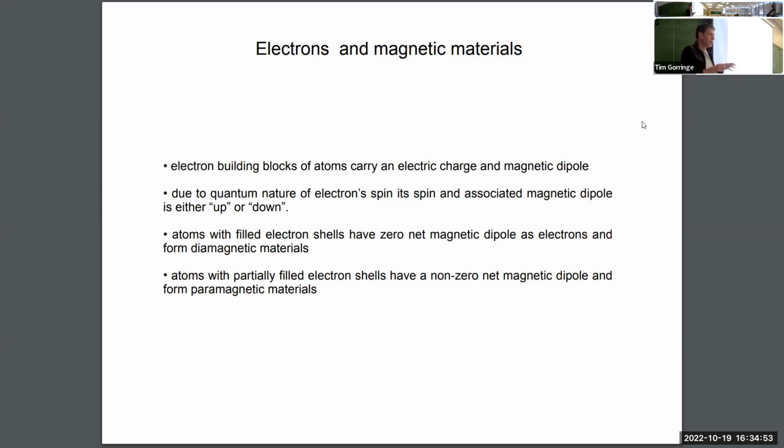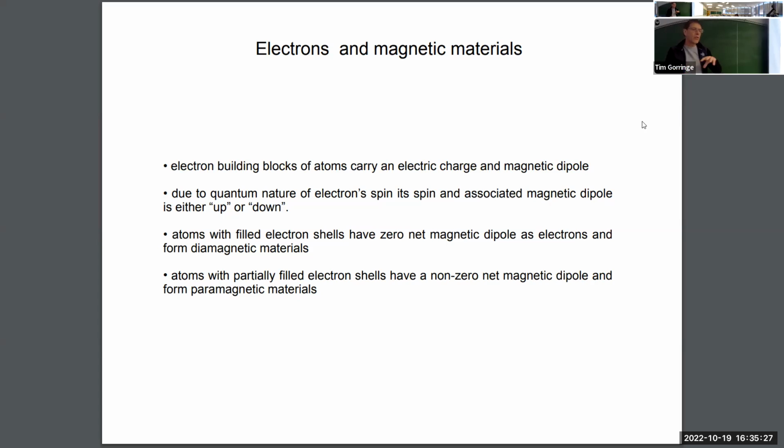Then I'll move on to the more mathematical or computational method that we use to solve the problem of the ferromagnet. So when we think about the magnetic properties of most materials, we think of those magnetic properties as arising from the electrons that make up the atoms of those materials.